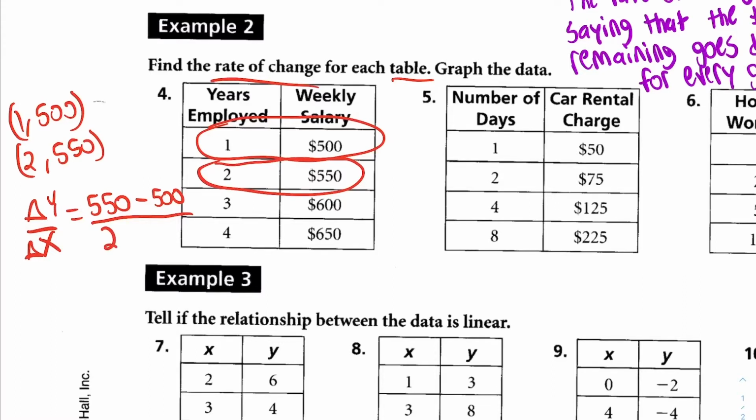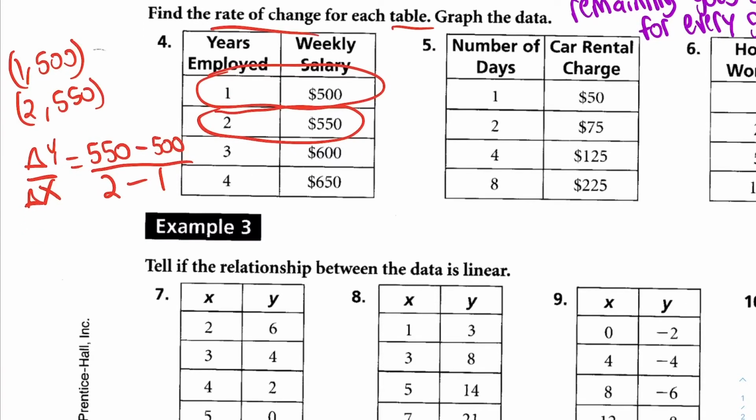The final number was 2, and the starting number is 1. So we just need to find the difference between the top, which is 50. The difference between the bottoms is 1, and that gave us the change in y divided by the change in x. 50 divided by 1 is just 50. M equals 50.